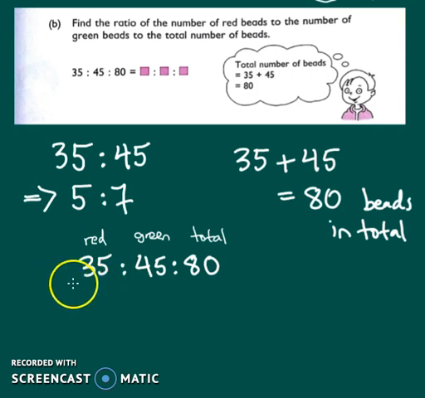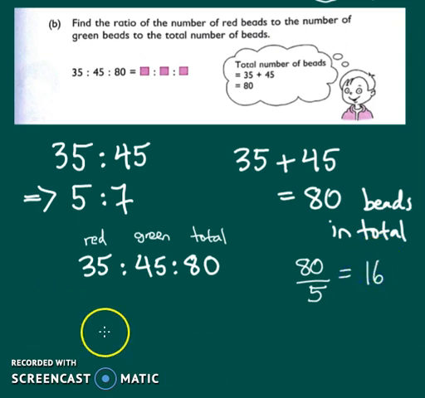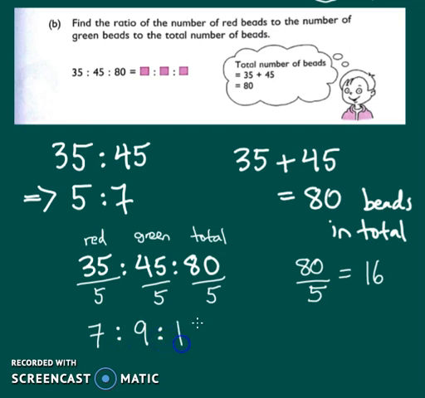And is 80 divisible by 5 as well? Well, yes, it is. What is 80 divided by 5? It comes to 16. So now we can simplify our ratio. We have to divide each number by 5. So our new and simplified ratio will be 7 to 9 to 16.